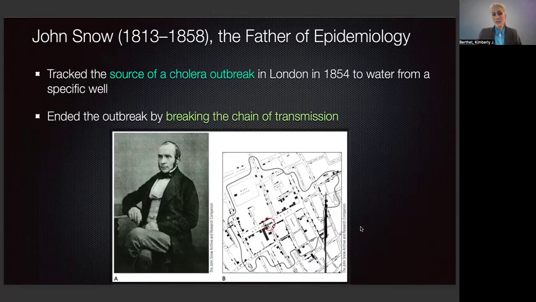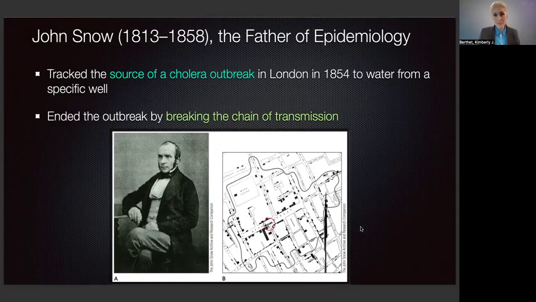So what he did is he actually started looking at maps of the city and started mapping out people who were infected, where they were. What he found was there's a commonality between the infection and where people went to get their water. So everybody going to the same well was getting cholera. So he indicated that this well has to do with something with the transmission of disease.